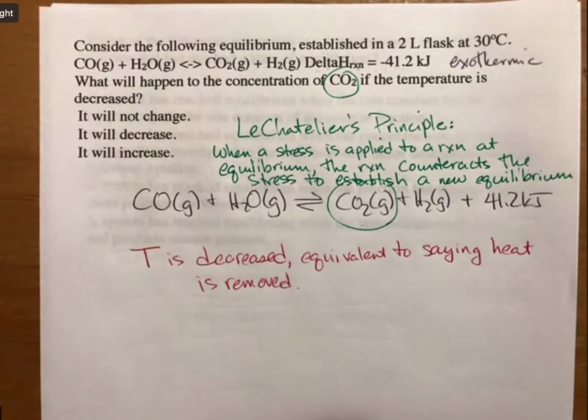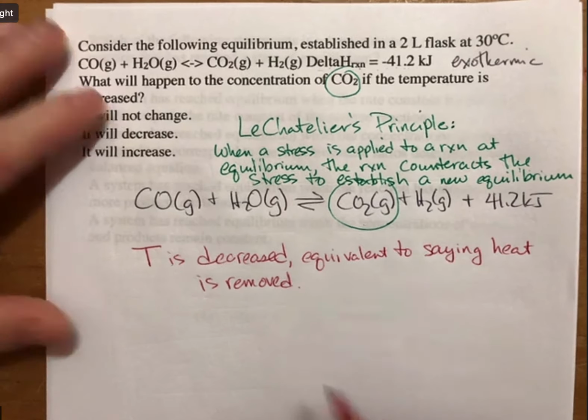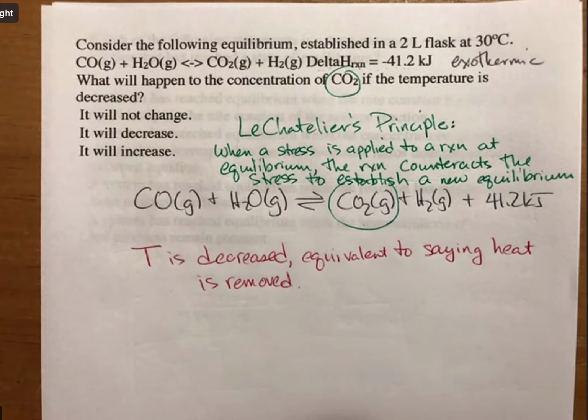Because, and we'll talk through this, Le Chatelier's principle typically needs no numbers. It's all about the trend. So if temperature is decreased, that's equivalent to saying heat is removed, because that's how you lower the temperature. You remove heat. That's not necessarily a connection we've made in this class, but hopefully you're okay with that.